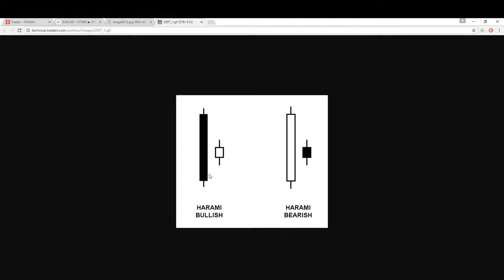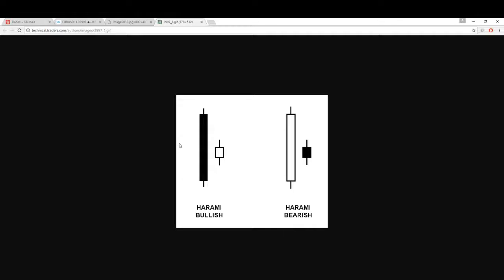And of course, what's really important in the description of this pattern is for the next candle to open and close within the body of the previous one. And the shadows of the next candle also should be within the body of the previous one.